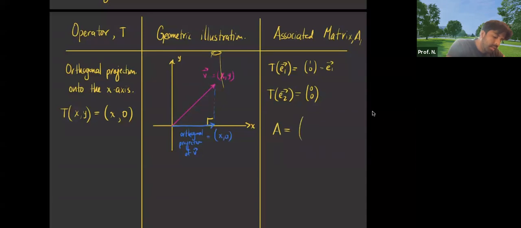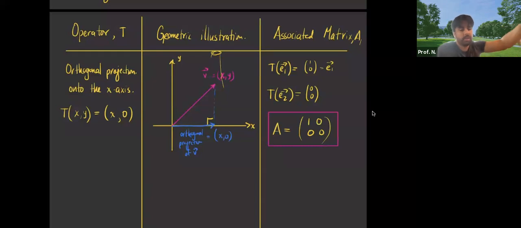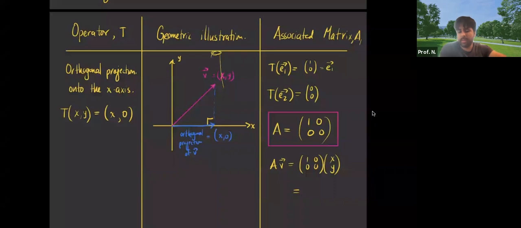It is 1, 0, 0, 0. And this is my associated matrix. So when I see the matrix 1, 0, 0, 0, it's not just any matrix. When you left multiply it to any vector, it produces the orthogonal projection of that vector onto the x-axis.